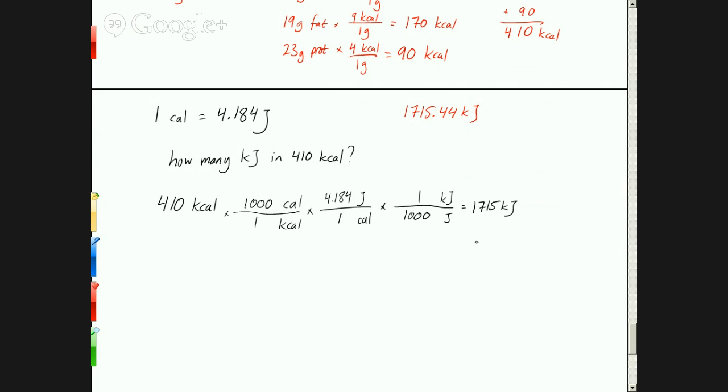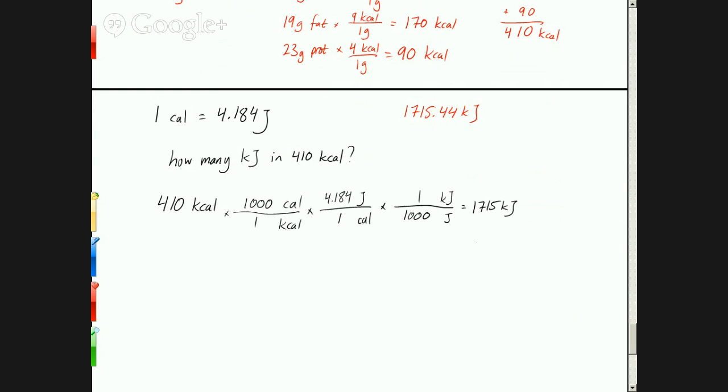Get about 1715 kilojoules. All right, so what did we do that is a little extra here that wasn't exactly necessary? What's wrong with the first and the last step?